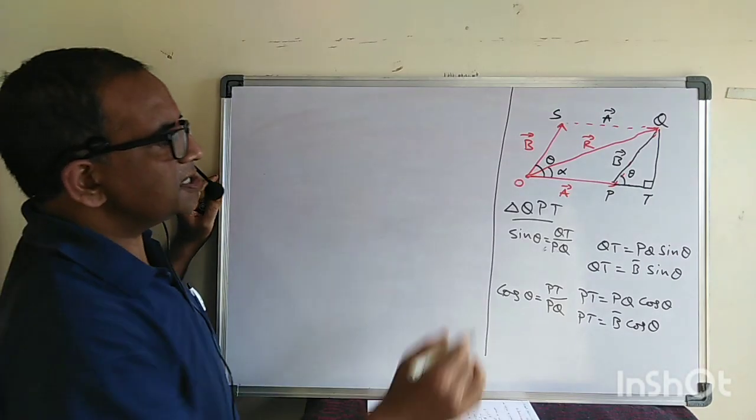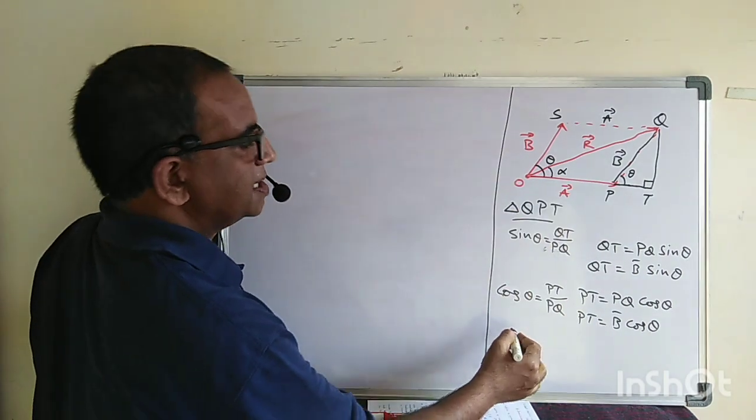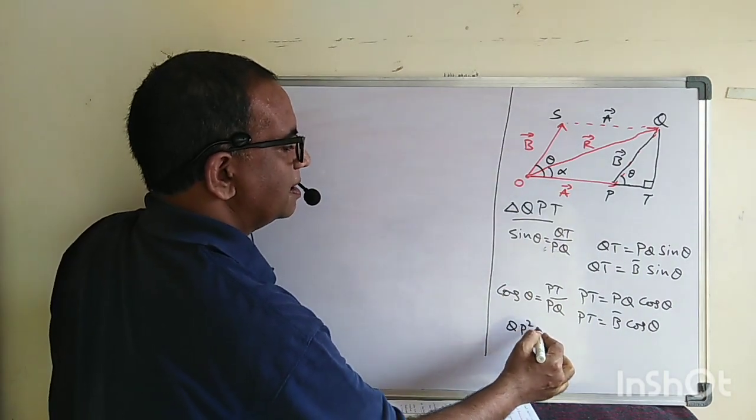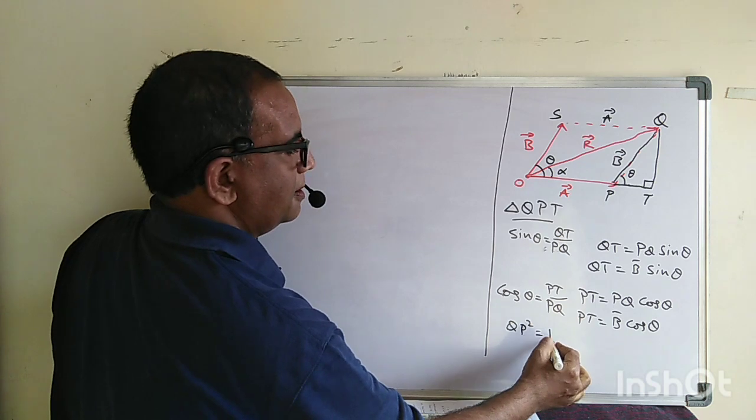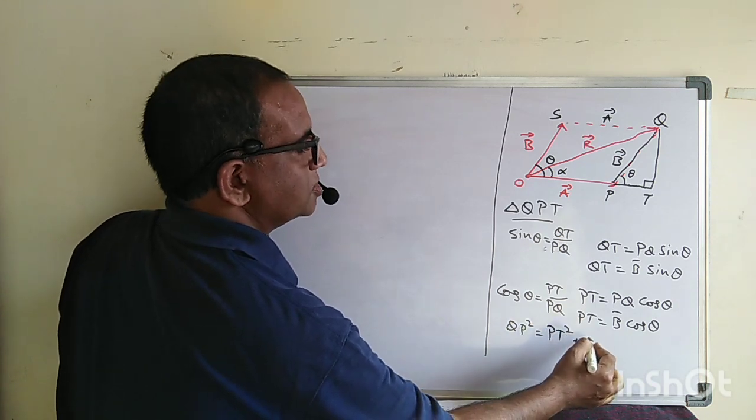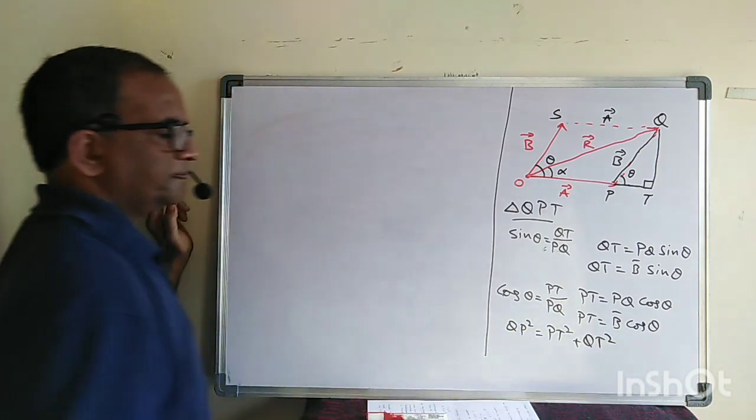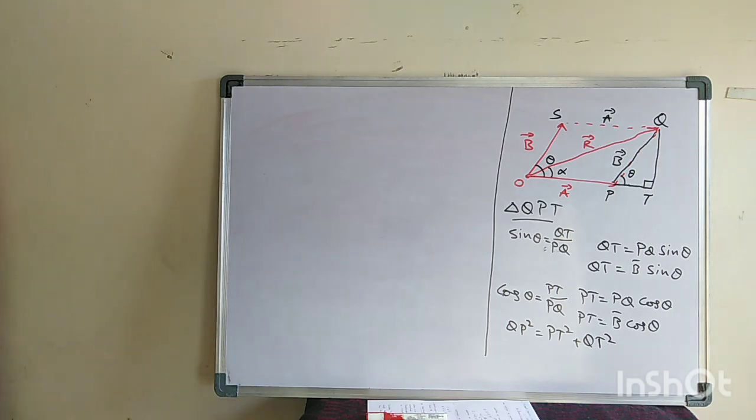And also in the triangle QPT, QP square is equal to PT square plus QT square, because it's a right angle triangle.